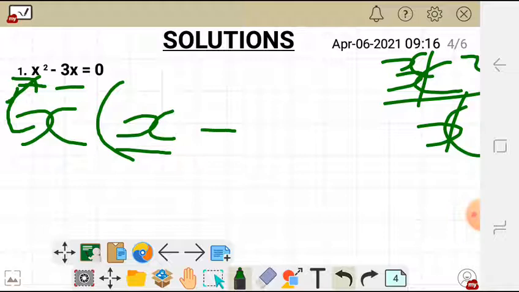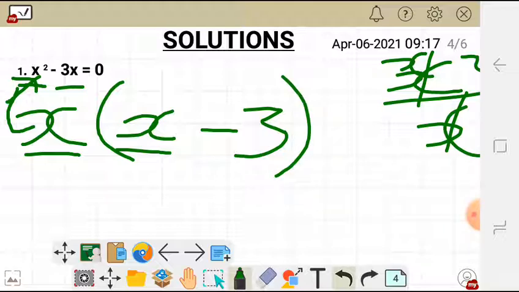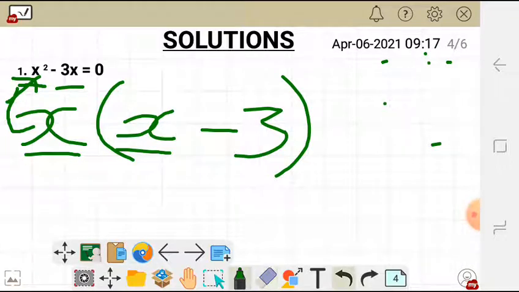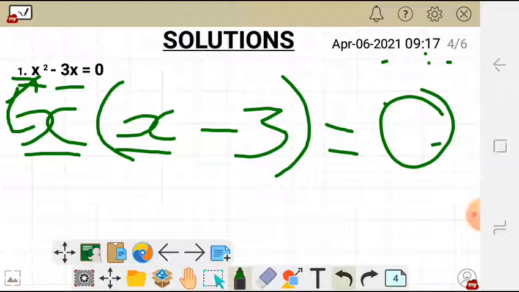From there, put the minus sign, then divide 3x by the same x, and we are going to have 3. Then close the bracket, which equals 0. So here we have x, and then x minus 3 in the bracket, equals 0.